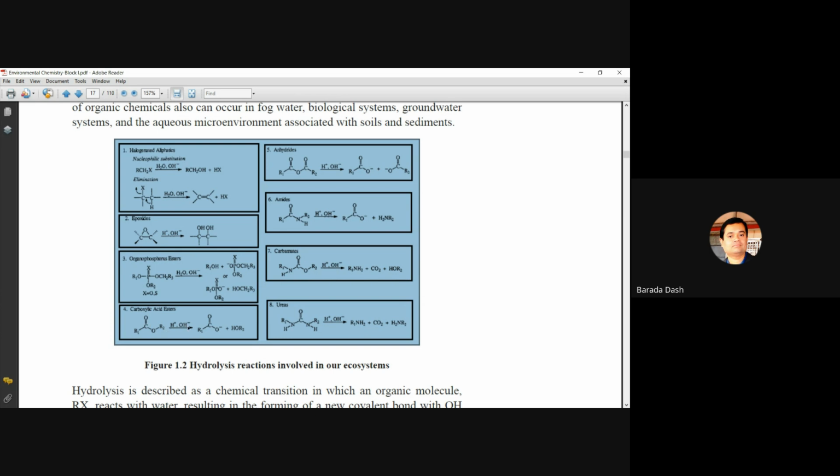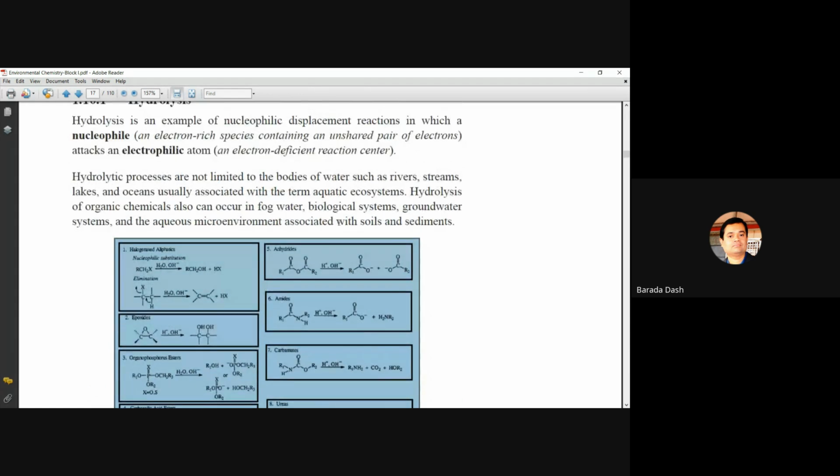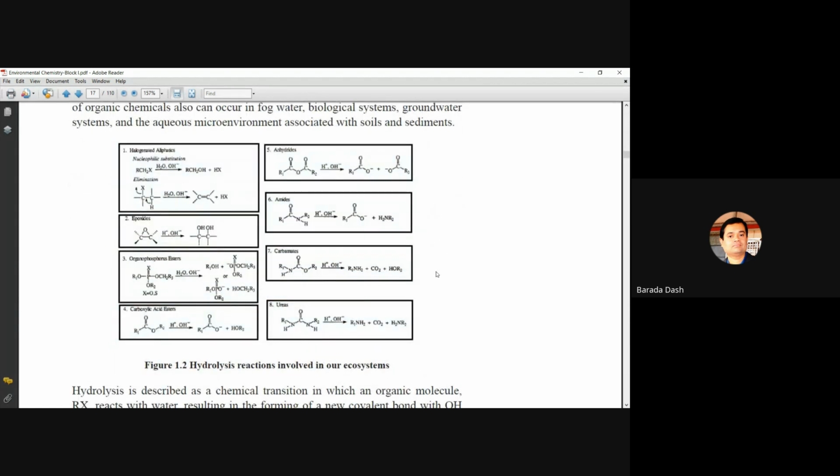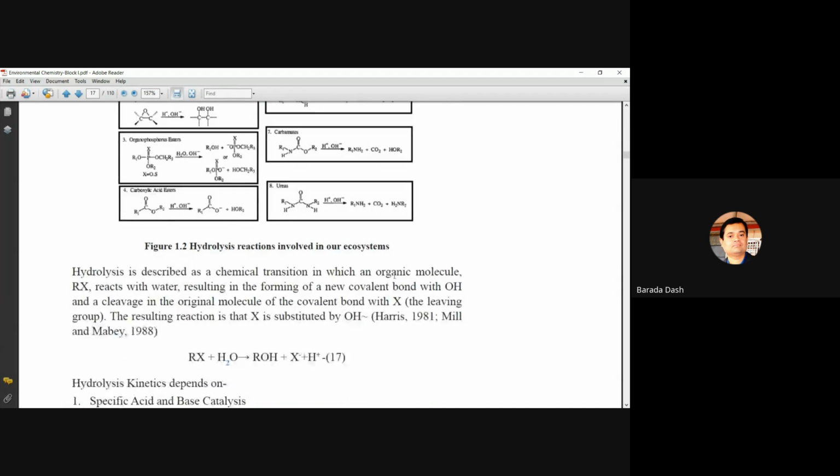So many different types of hydrolysis reactions are there. That means any reaction where either a hydroxyl ion, OH minus, is involved, when water dissociates it produces H plus and OH minus ions. So any of these processes where a water molecule is involved in the reaction is called hydrolysis.